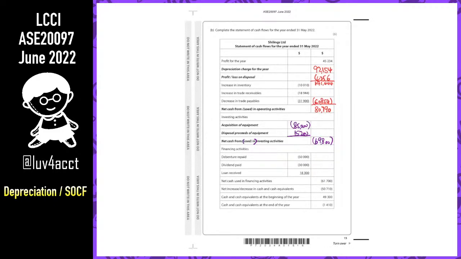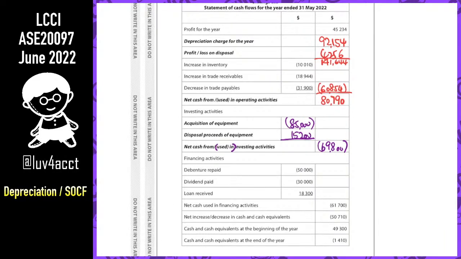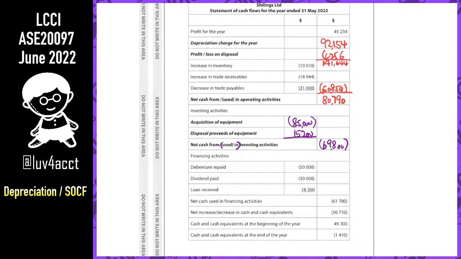Let us go back to this area. First thing, it goes from a positive cash and cash equivalent balance of 94,300 to a bank overdraft. Very bad. The decrease is such a large amount, 50,710 decrease in cash and cash equivalent.